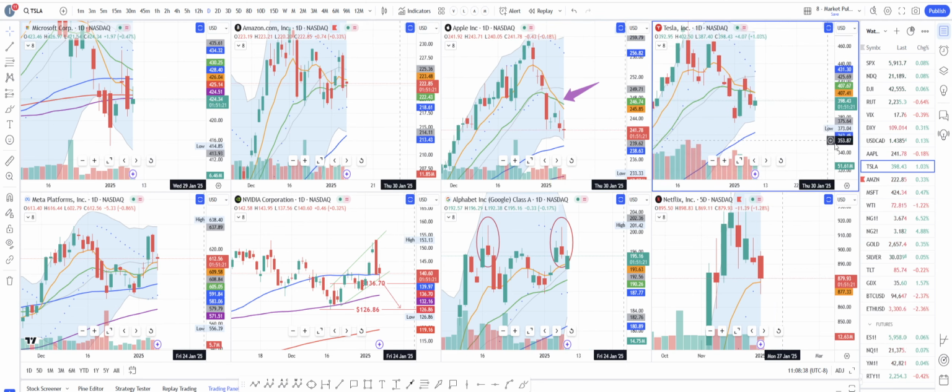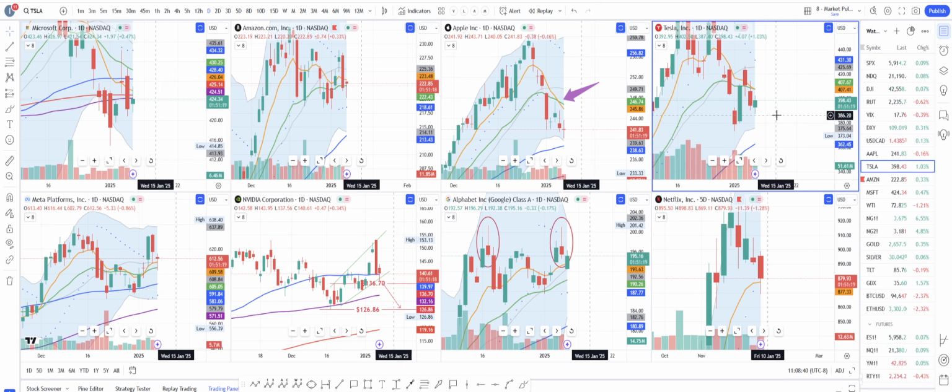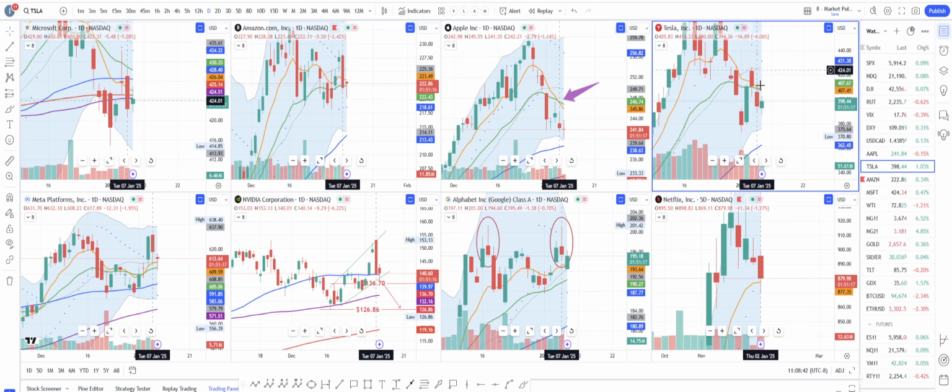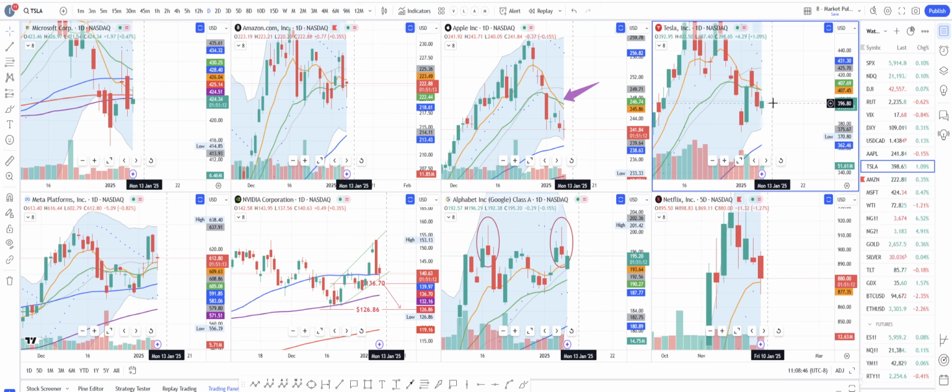For Tesla, it is an interesting combo here. Well, it was a bearish move, but right now Tesla is trying to reverse the odds. However, it needs to go higher. If it closes like this, it will be a thrusting line combination, and mostly it's viewed as a bearish continuation formation.